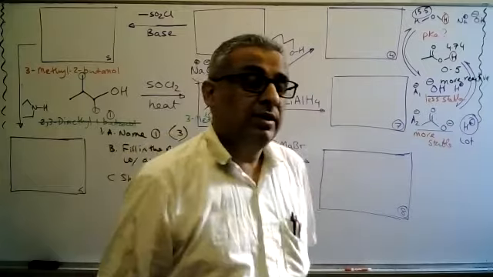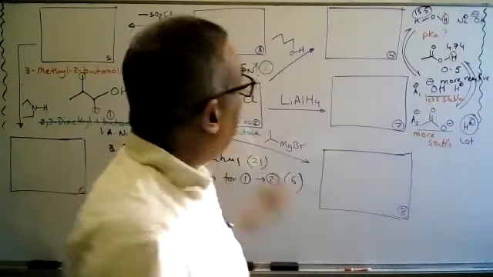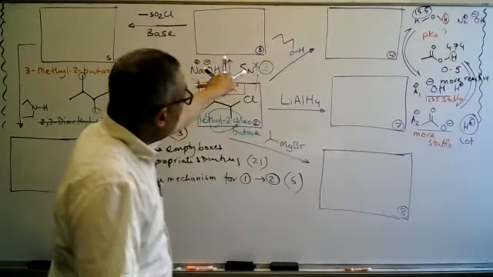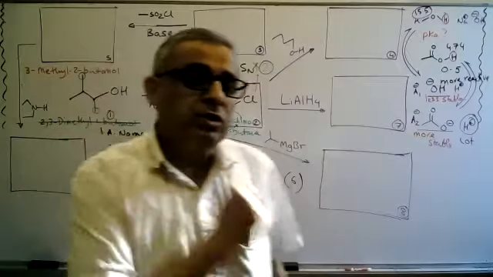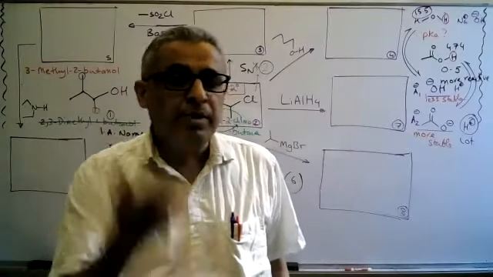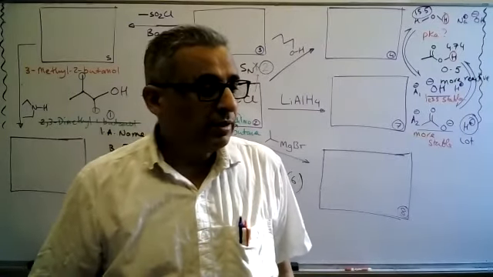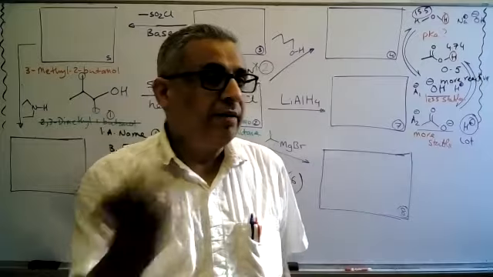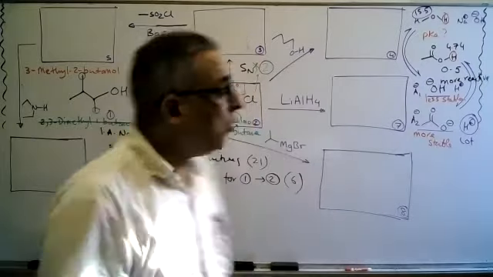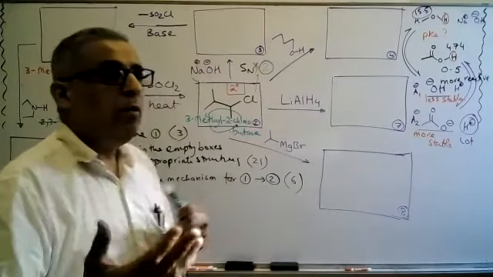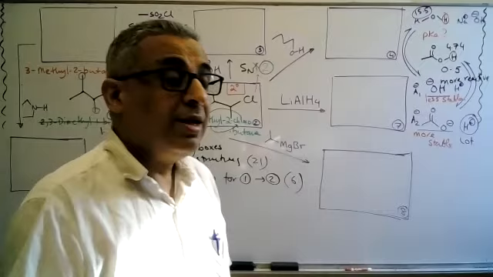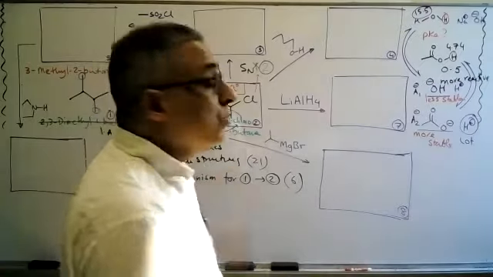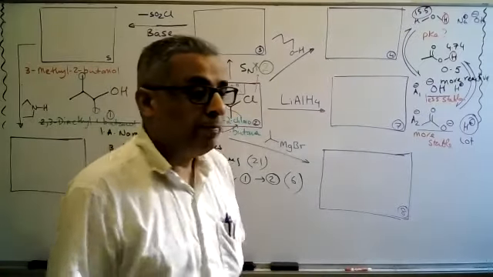Next question. If you are going to select a solvent to make it go SN2, what solvent would you use? Give me a name of a solvent. This is again from 128A. Give me maybe 1 or 2 or 3 names of solvents that would promote SN2 and not SN1.